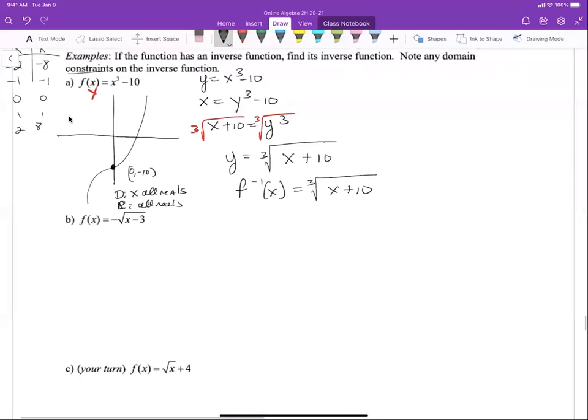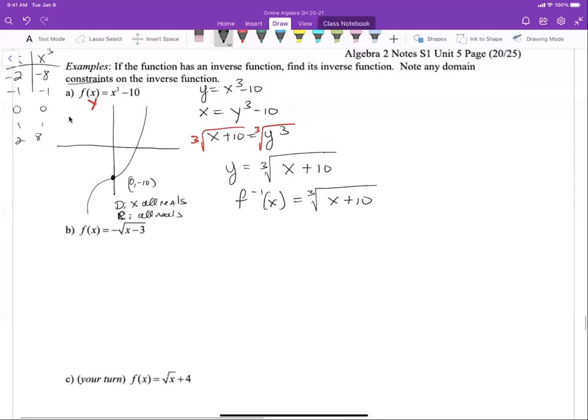All right, so what does that look like if we were to graph? Well, we have a cube root. We've just learned how to graph cube roots, and it has x plus 10, so we are going to move over to the left 10. So that data point is at (-10, 0), and a cube root function looks something like this.